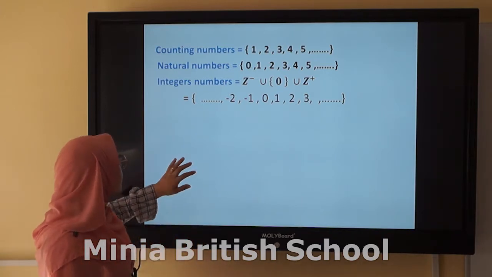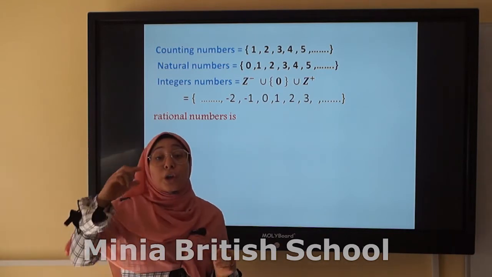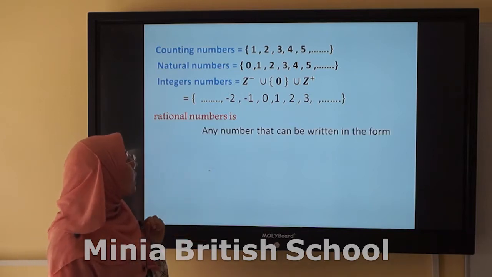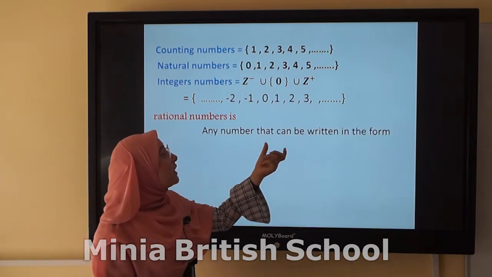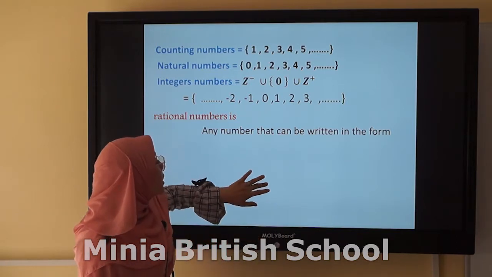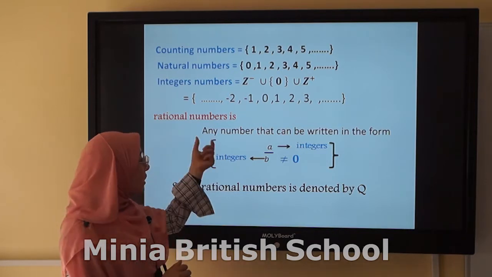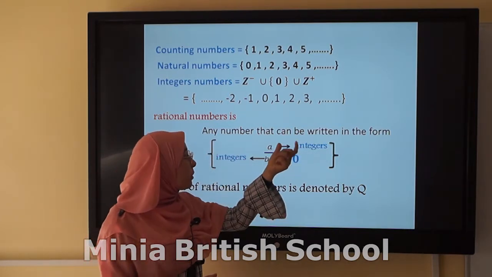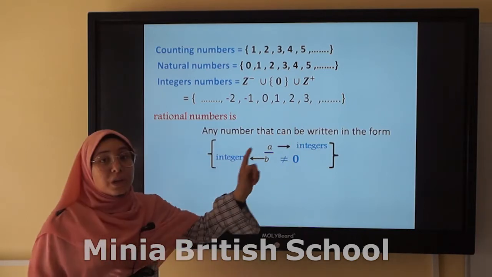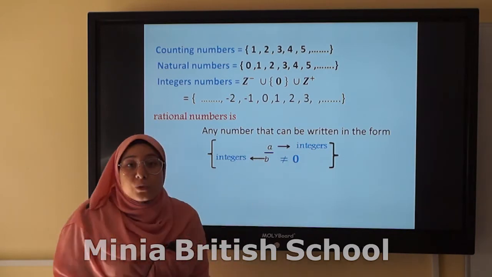The fourth one is rational numbers. Rational numbers is a set of numbers that can be written in the form A over B, where A and B are integers and B is not equal to 0.